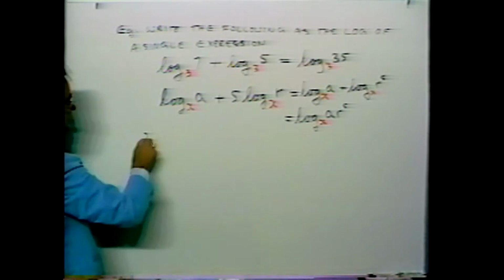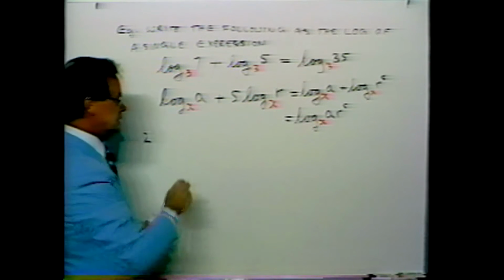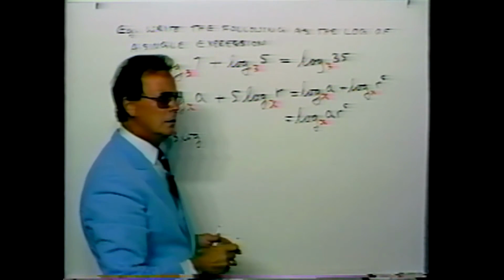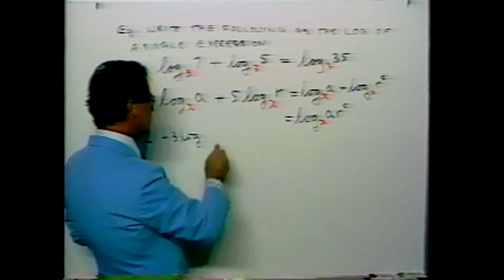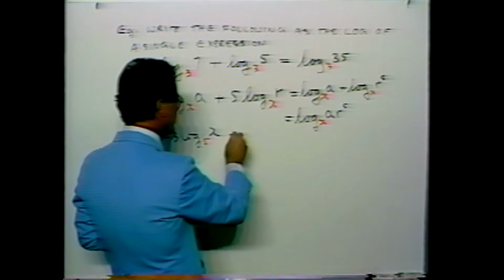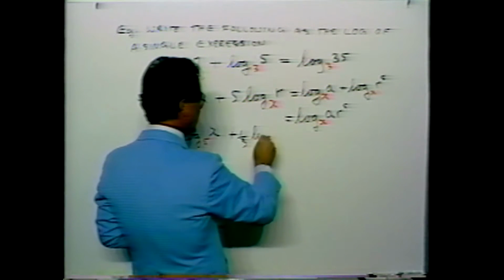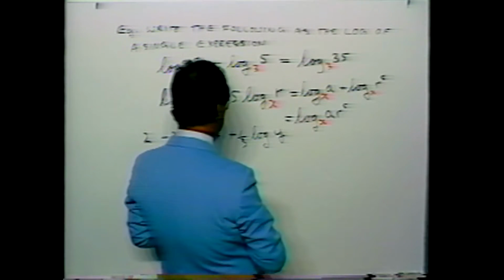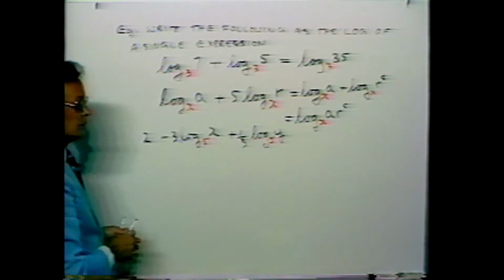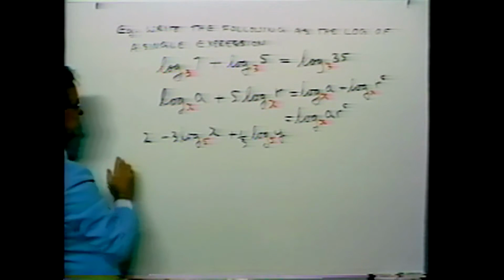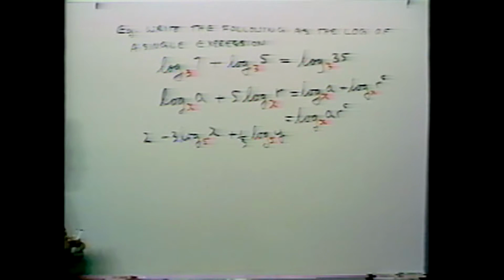Another example, 2 minus 3 log x to base 5 plus 1/3 the log of y also to base 5. Well, here we have an example where this particular term is not expressed as a log.